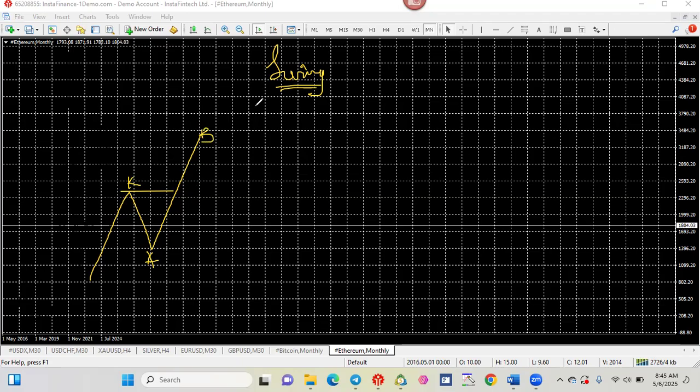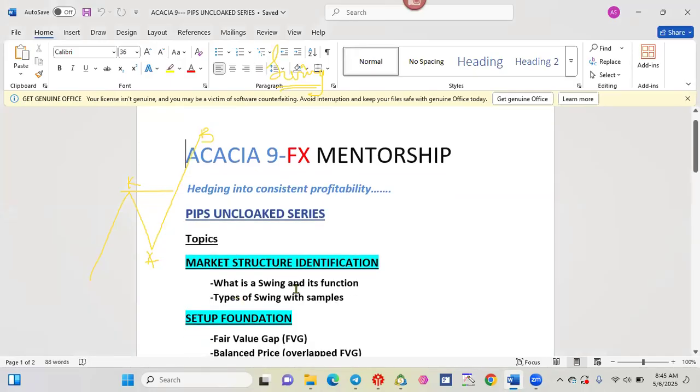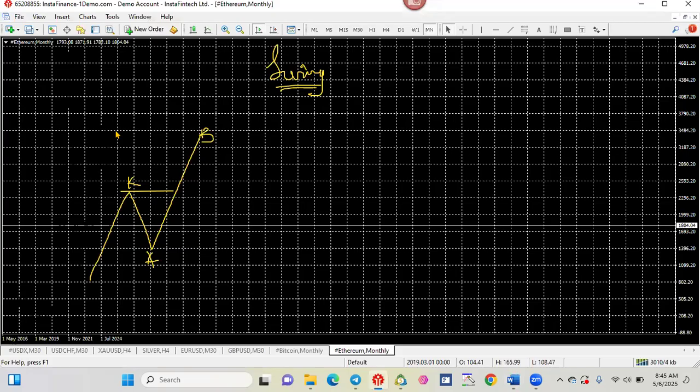So the main function of a swing, I said the topic is very simple, very straight to the point. The main function of a swing is to break barrier. The main function of a swing is to break what? To break barrier. So I will write it.